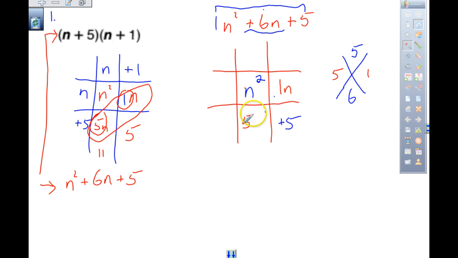1n, 5n, and from here we factor what's the GCF of n squared and n? N. What's the GCF of 5n and 5? 5. And we're seeing we're just getting this answer here. Same thing up here, what's the GCF of these two?